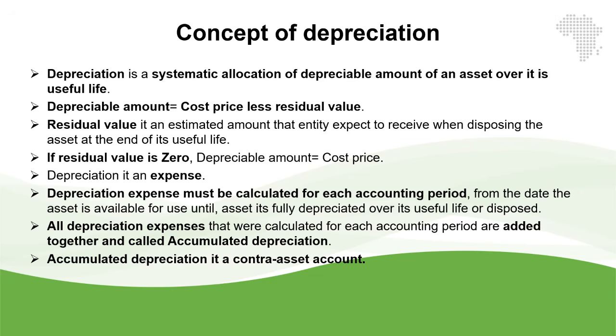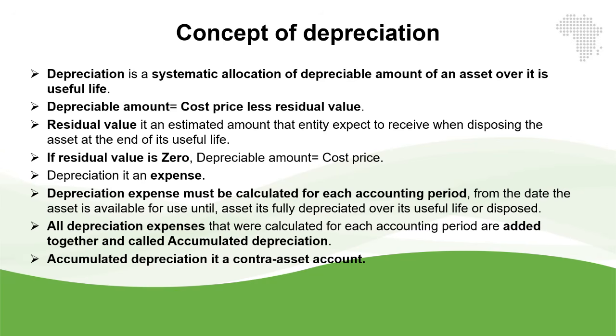From that date, we start calculating depreciation until the asset is fully depreciated over its useful life, or until it is disposed of. So that's when we start, and then we stop only when it is fully depreciated or when it is disposed of. Disposed means it has been sold or we got rid of it.